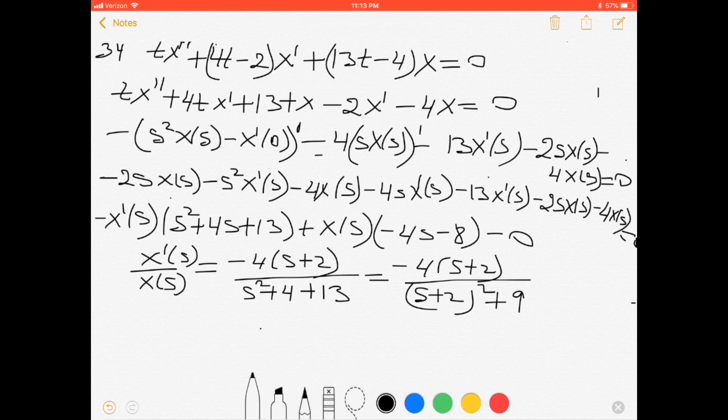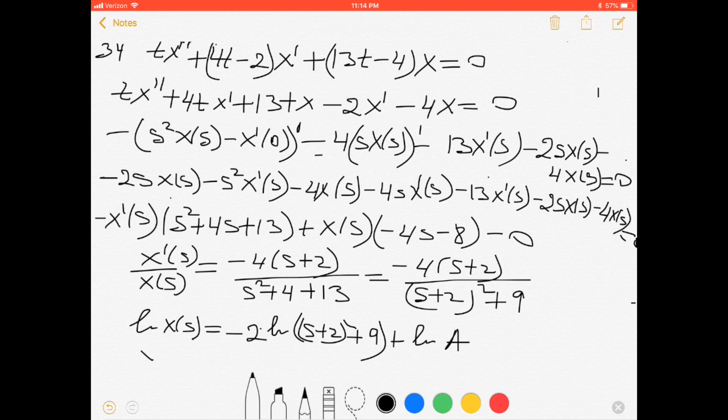Take integral both sides, you have natural logarithm function x s will be minus twice natural logarithm s plus 2 square plus 9 plus natural logarithm a.